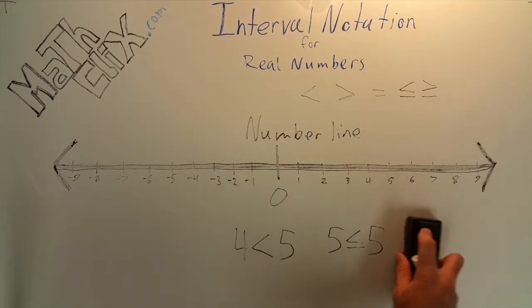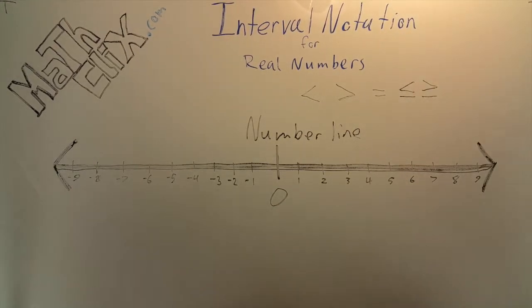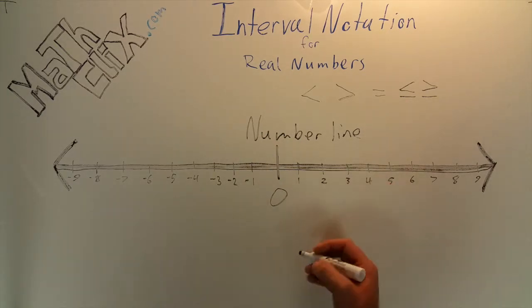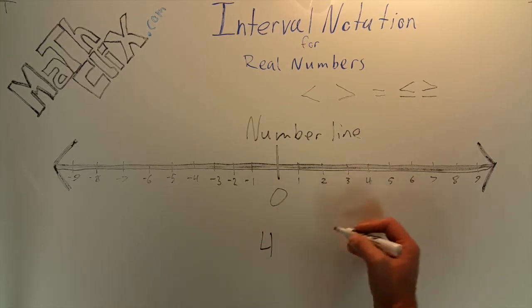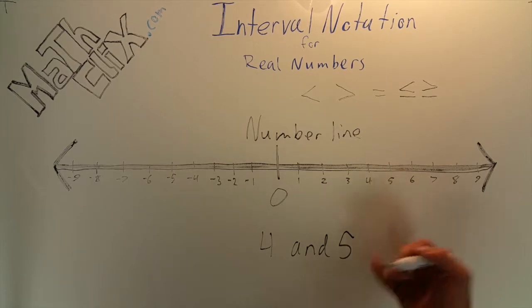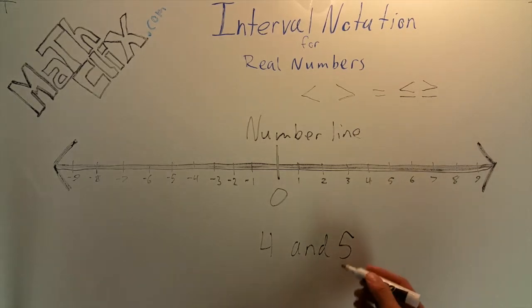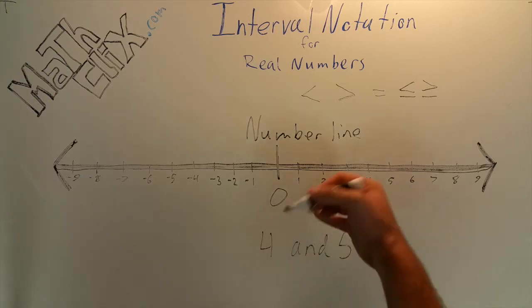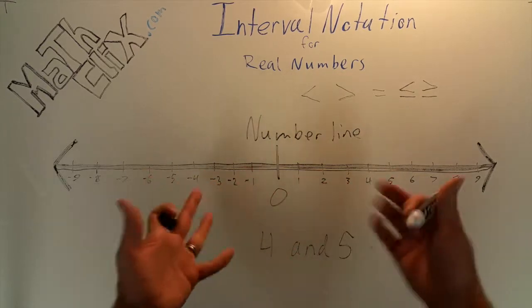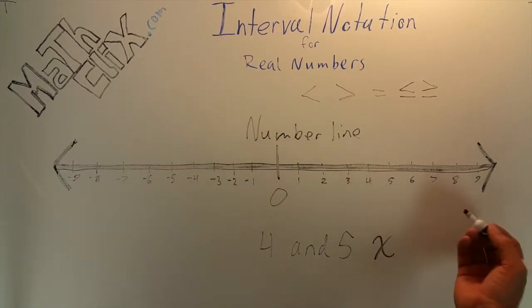So, how would we write that down on the number line? What if we wanted to include everything between 4 and 5? Well, we could say that the numbers in between are represented by, let's say, x.